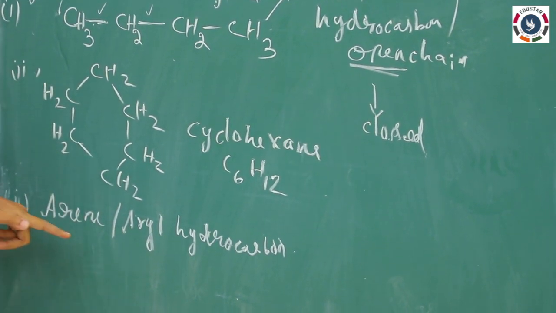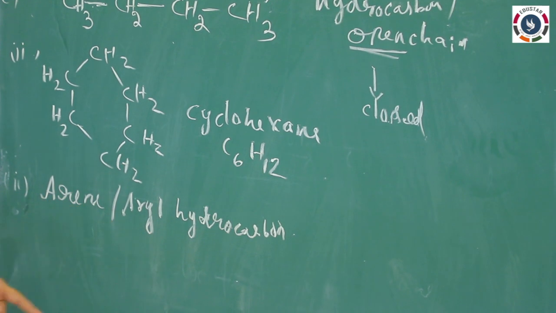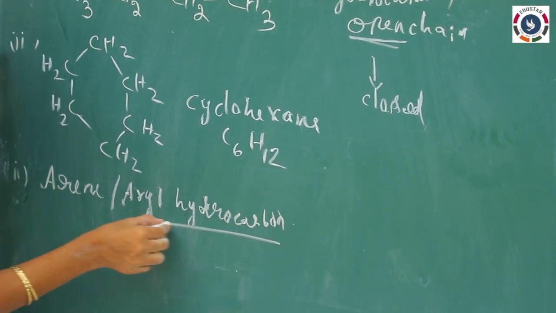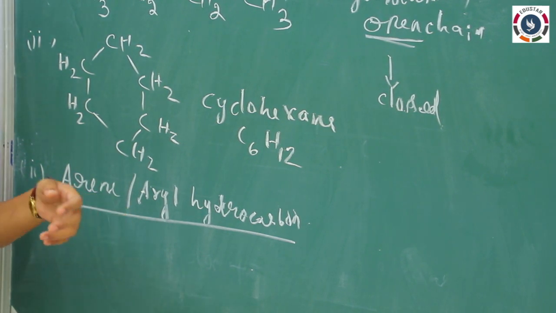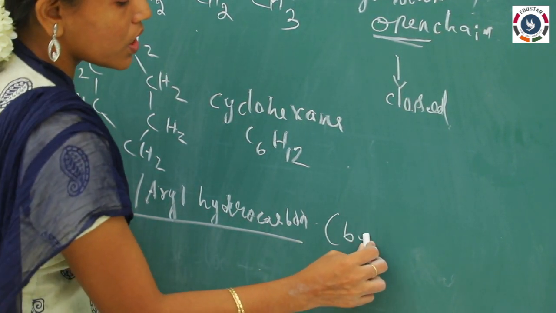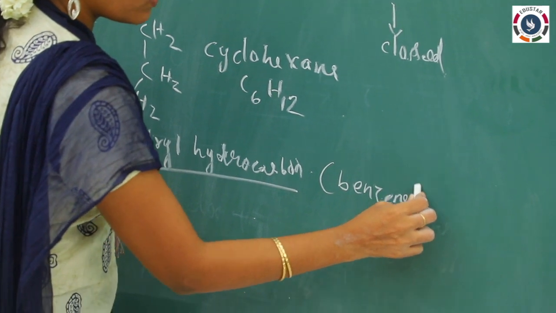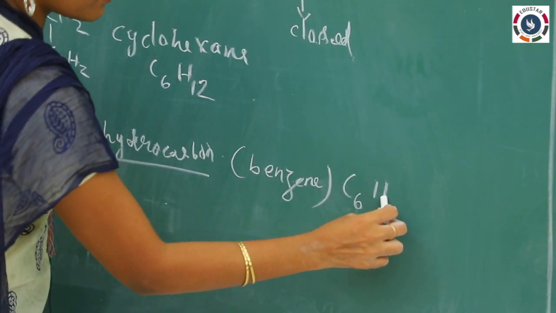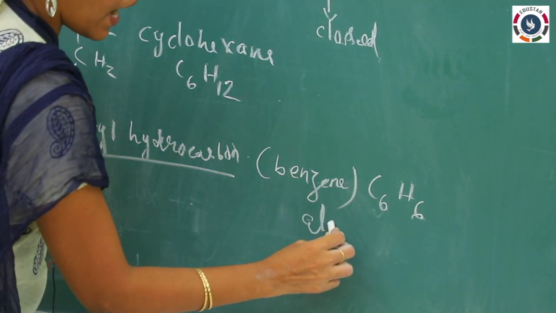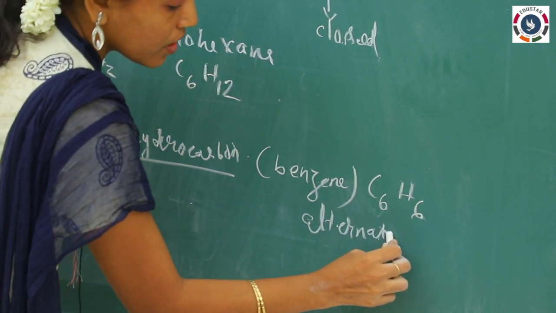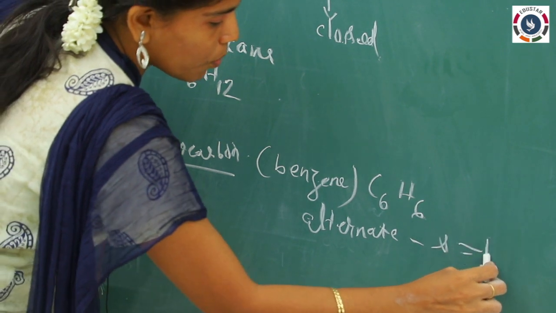Now I am going to talk about arene or aryl. Both mean the same thing. In an arene or aryl hydrocarbon, the basic unit is benzene. What is the formula of benzene? C6H6. We know C6H6 contains alternate single and double bonds.